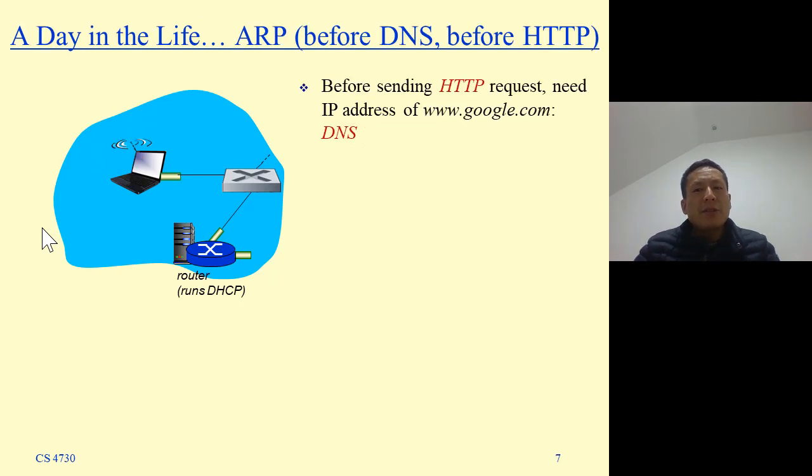So the next thing is, now you get an IP address and you want to access a web page. Apparently, you need to send out an HTTP request, right? But before that, you need DNS to know the IP address of Google.com. So you need to send out a DNS query.